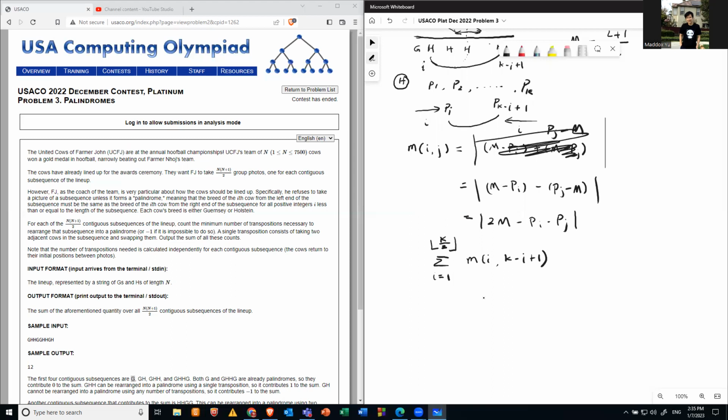But you have to consider a case that, let's say if both G and H are odd, then there's no way you can do this, right? Because if both G and H are odd, you have to put one H in the middle. But if you want to make G a palindrome, you also have to put G in the middle, and you cannot do that. So that means there is another term: K cannot be odd, right?